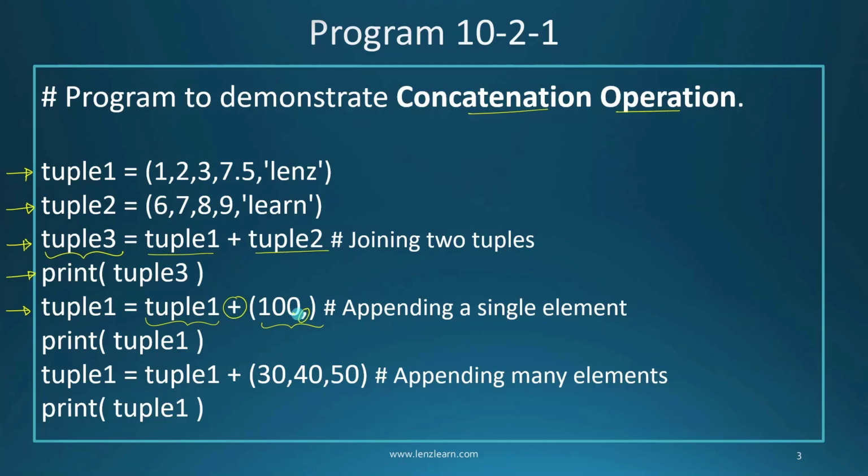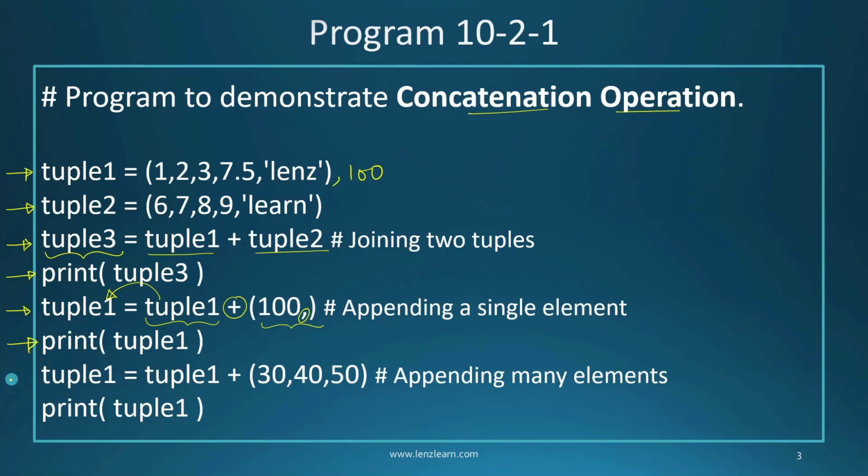If you don't give a comma, this 100 will be taken just as an integer, and we will not get the intended result. Now the content of tuple 1 is 1, 2, 3, 7.5 and lengths, and after lengths the value 100 will be added by this statement and stored into tuple 1 itself. When you print tuple 1, you will get 1, 2, 3, 7.5, lengths, and after that 100.